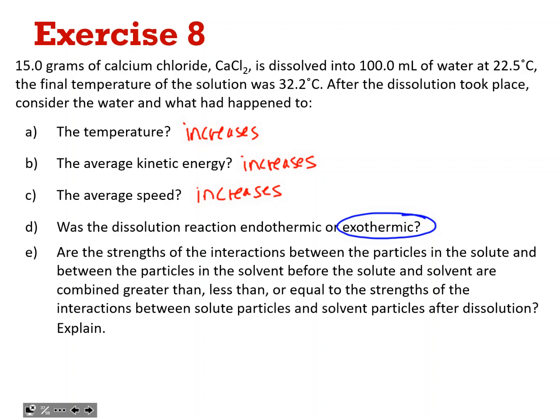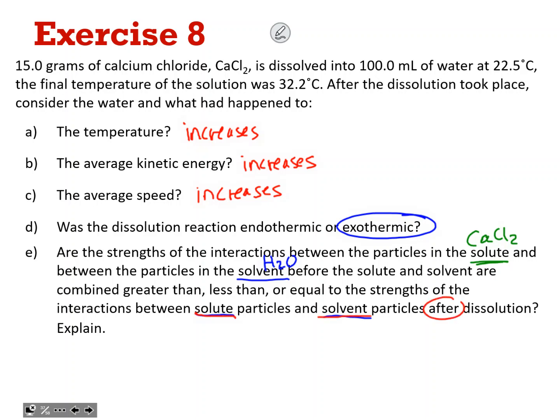Now, this is the hardest part. Explaining this, and I've seen this question a few times, in multiple choice and in FRQ representations. So, are the strengths of the interactions between the particles in the solute, the CaCl2, and between the particles in the solvent, H2O, before the solute and solvent are combined together, greater than, less than, or equal to the strengths of the interaction between the solute and the solvent particles after?